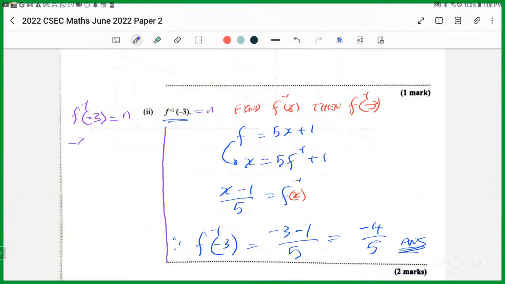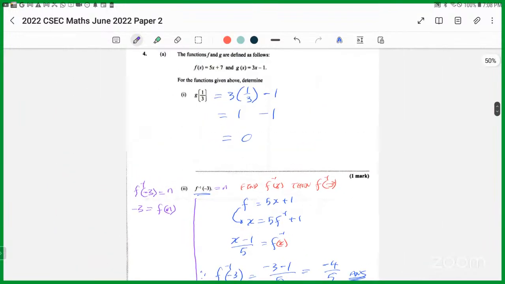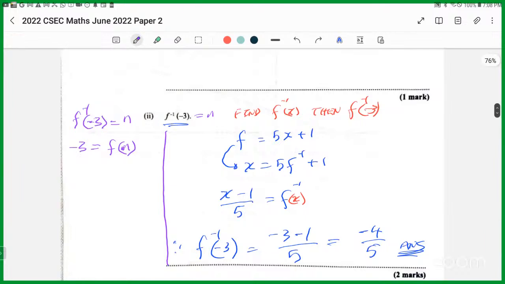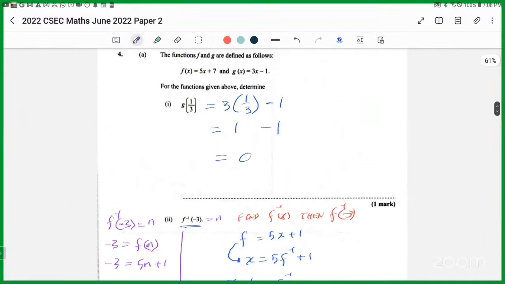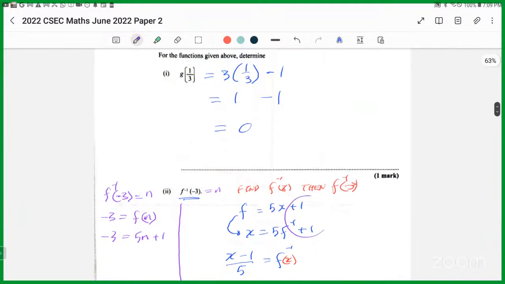So negative 3 becomes equal to f of n. f of n is formed simply by putting n in the f function. So minus 3 is equal to 5n plus 7.